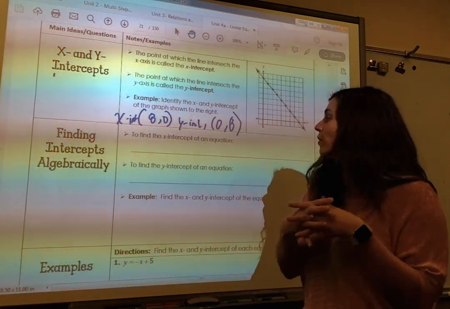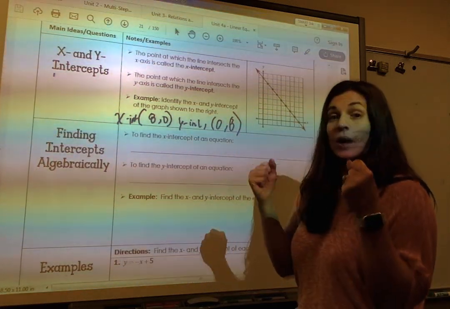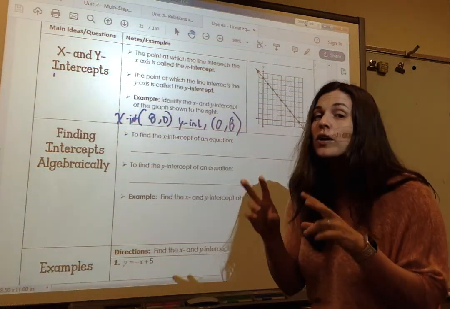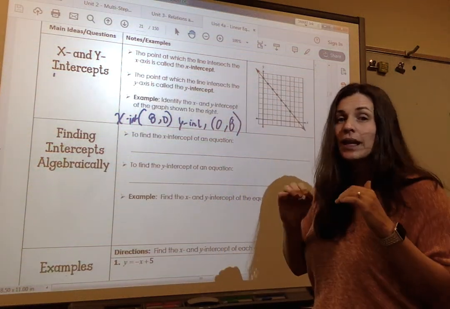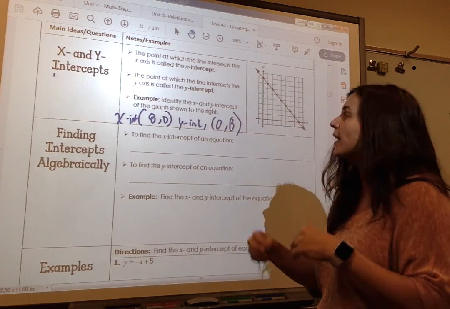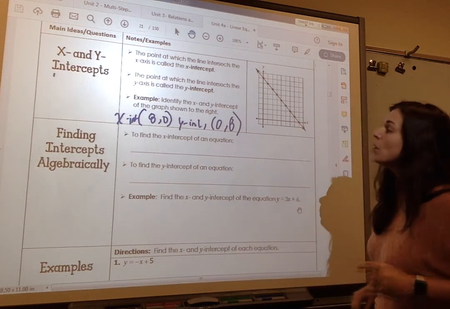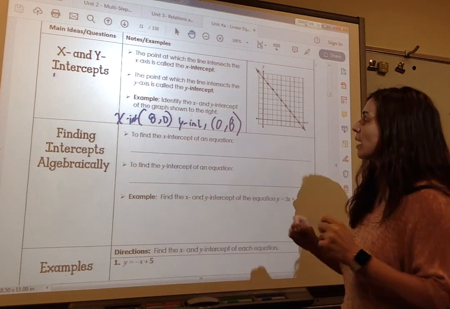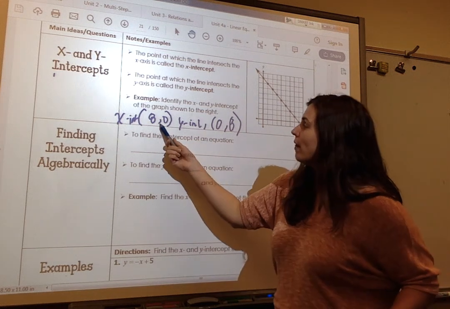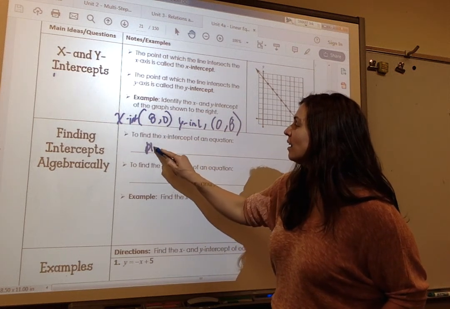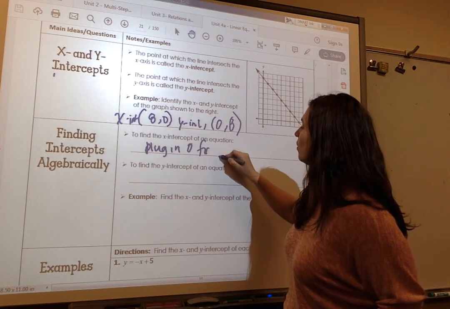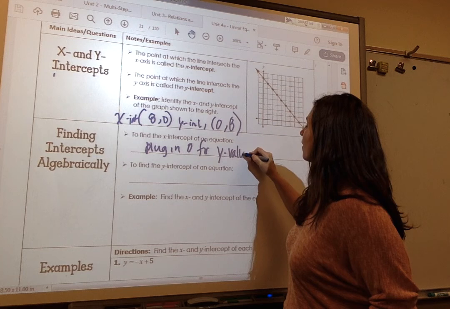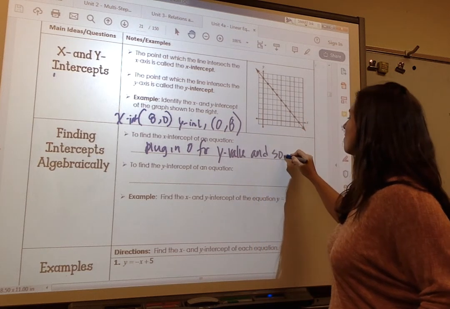Algebraically is different. When you think of algebra, you want to think equations. And we already know how to solve equations. That was Unit 2. So graphically, we look at a graph. Algebraically, now we have a formula. We have an equal sign. We got some work to do. So to find the x-intercept of an equation, can I just plug in 0 for my y value and solve?